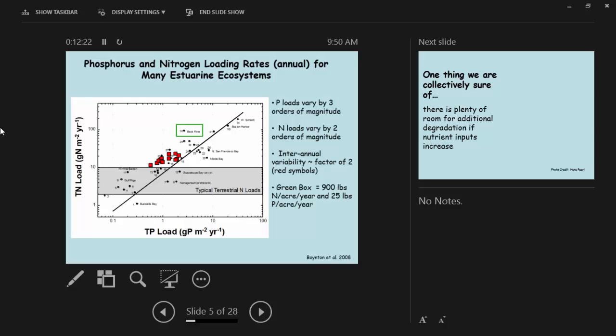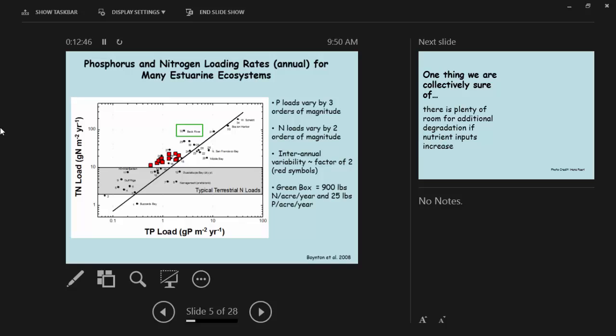The third point is that those little red boxes are from the Patuxent River estuary over on the western shore, and you can see that's for a 13-year time series. The loads going into that estuary are not the same year after year. They vary, and that's caused largely by local annual weather conditions.